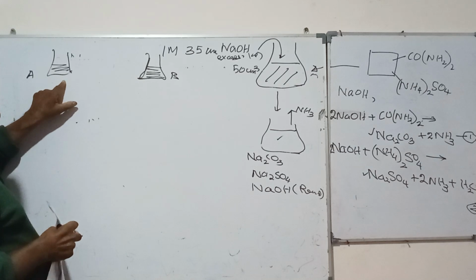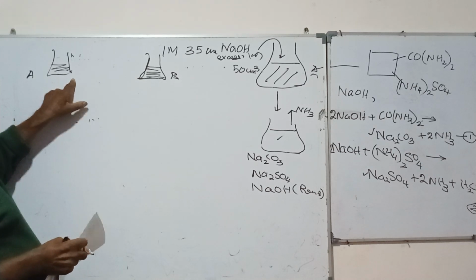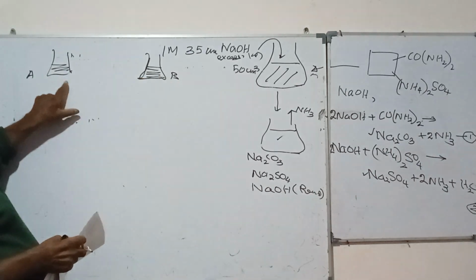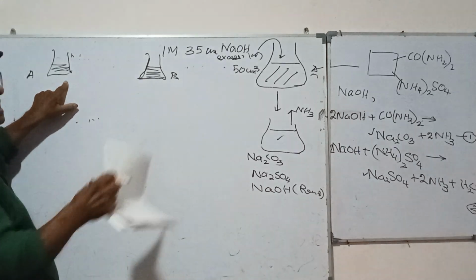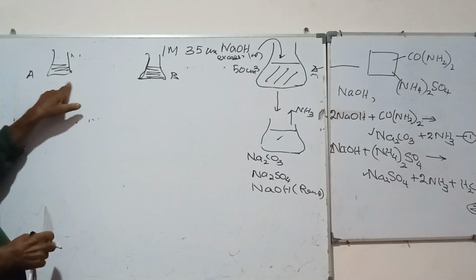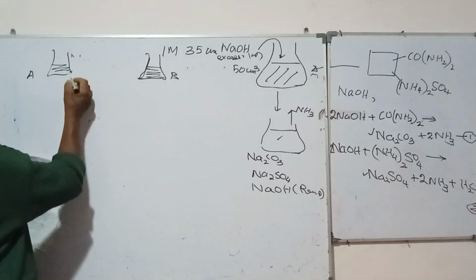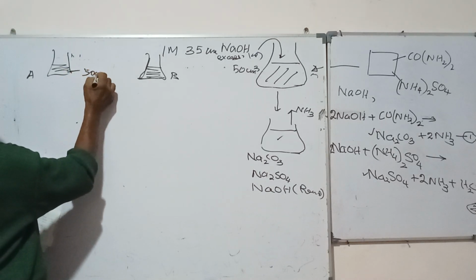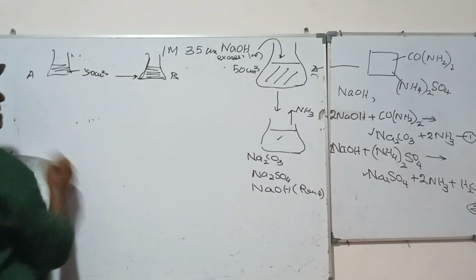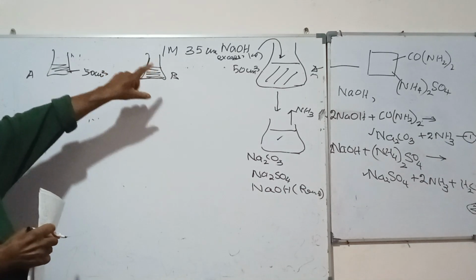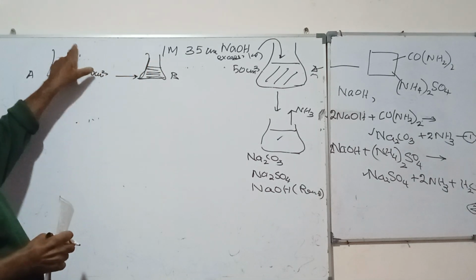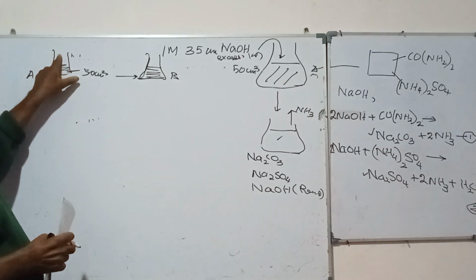Each contains 50 cubic centimeter of the original fertilizer solution. 1m35 cubic centimeter of NaOH was added to each.